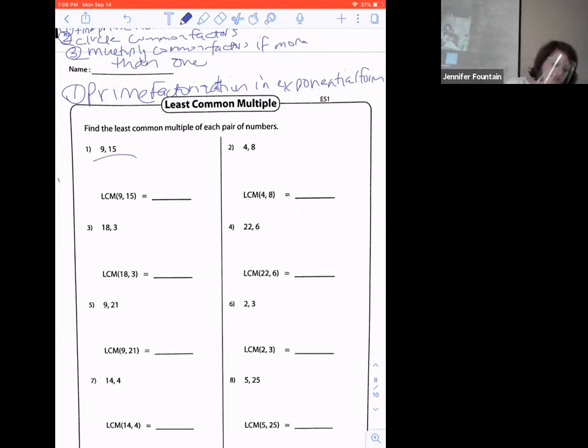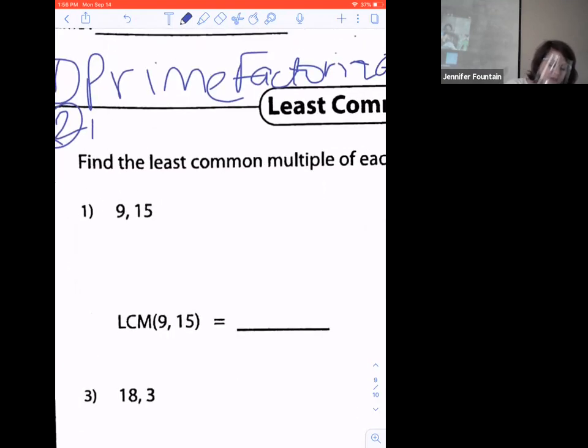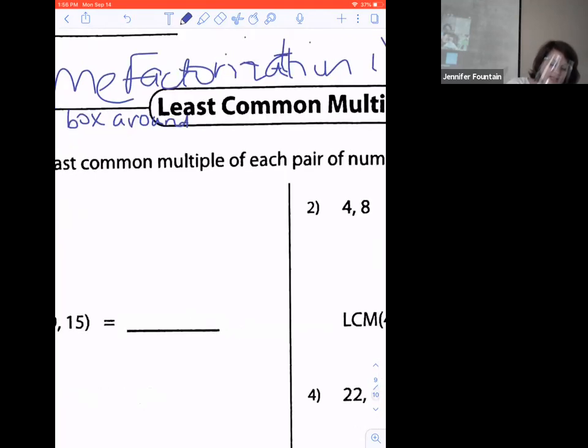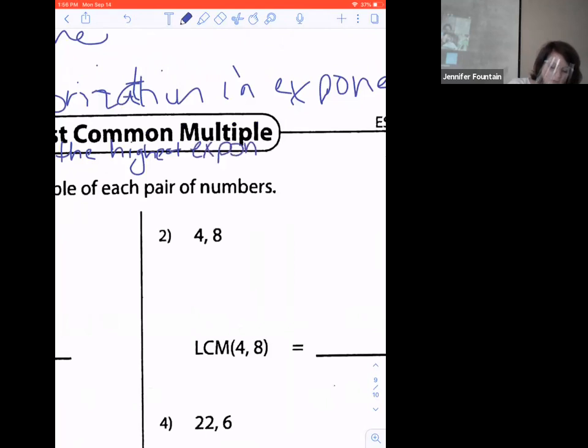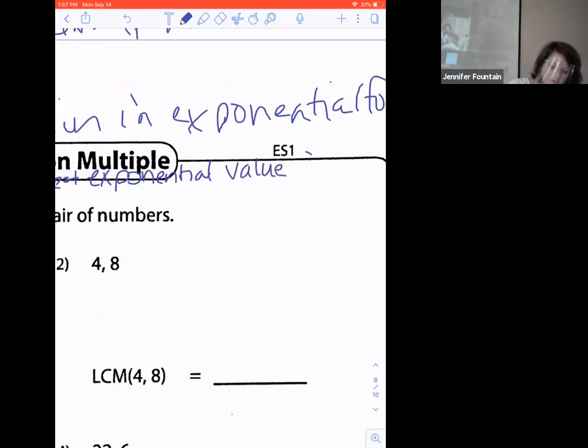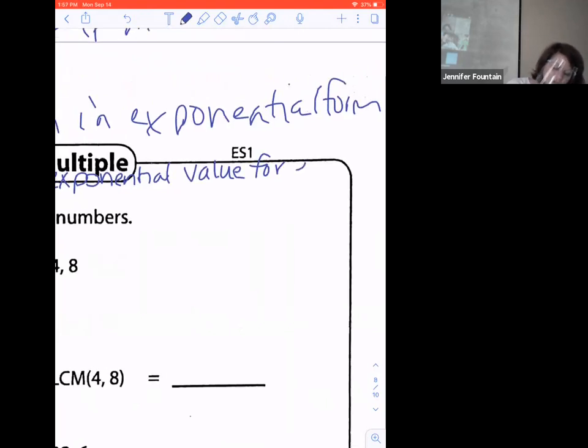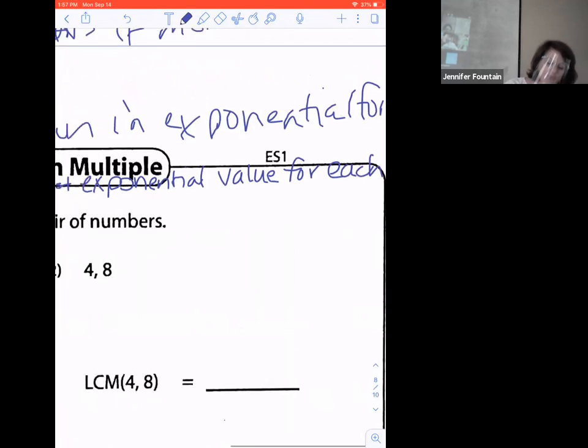And then my step 2 in this one is I have to place a box around the highest exponential value for each prime factor.